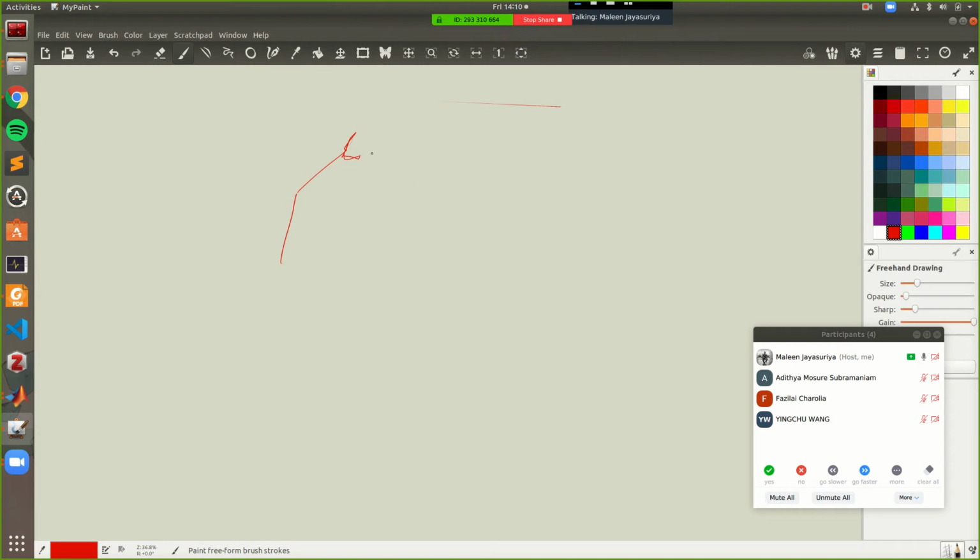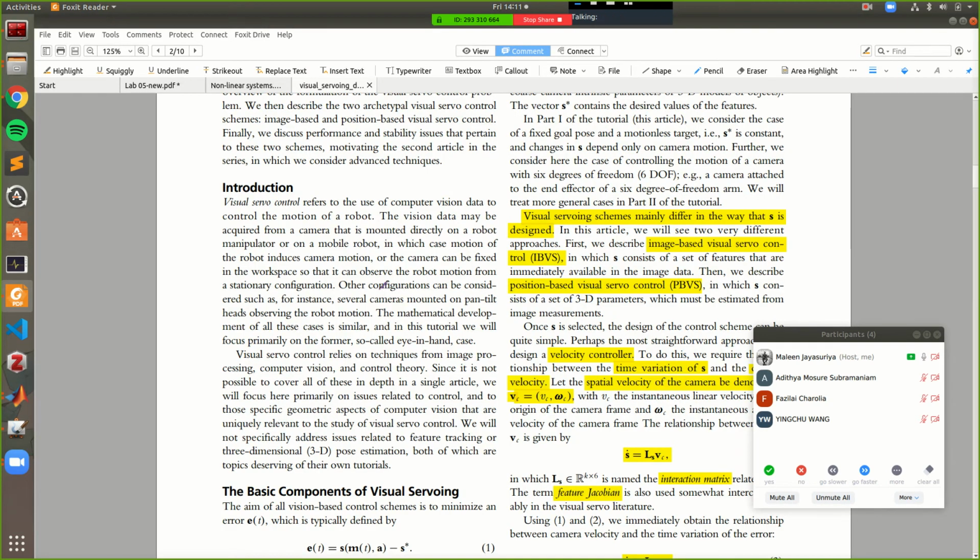Okay, so you can have a situation where you have the camera kind of stationary, right? Or you can have a camera attached to the arm itself, right? You try to achieve some sort of control of this arm based on the input you're getting from these sensors, right? So that's really the visual surveying scenario that we're dealing with.